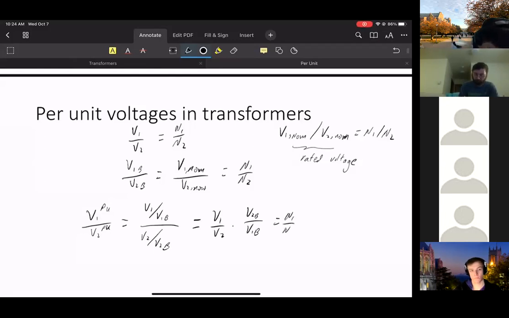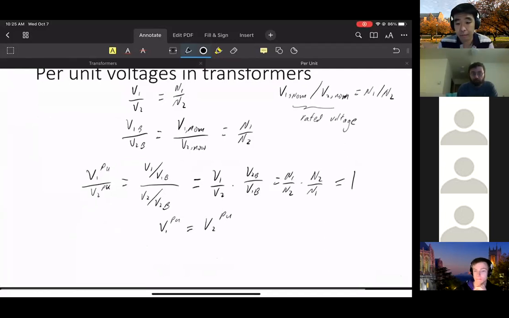This is now N1 over N2, because it's a transformer. But then the base ratio of the secondary to the primary side is N2 over N1. So we flip the numerator and denominator when we do the base unit division. So this comes out to be 1. So V1 in per unit terms equals V2 in per unit terms.